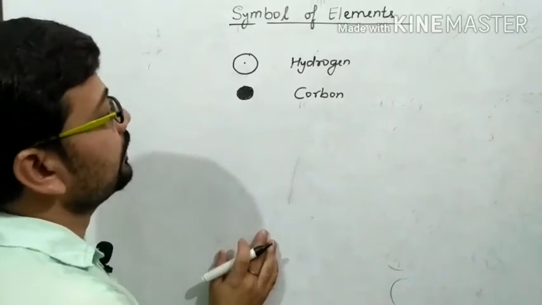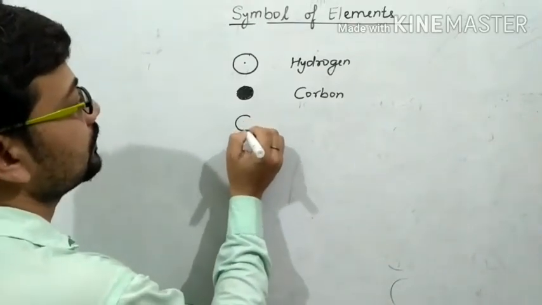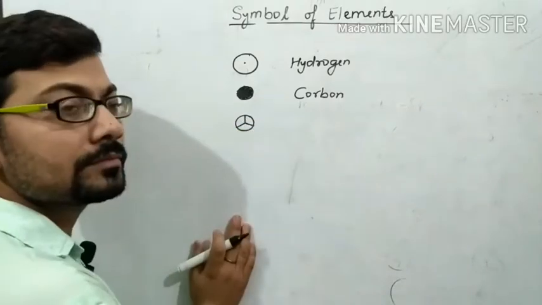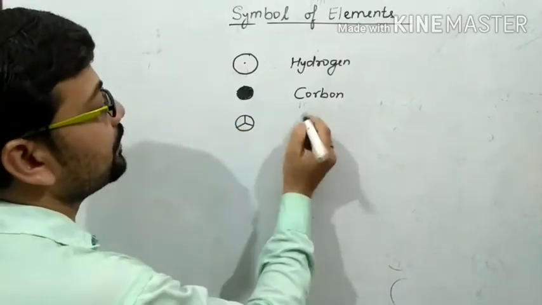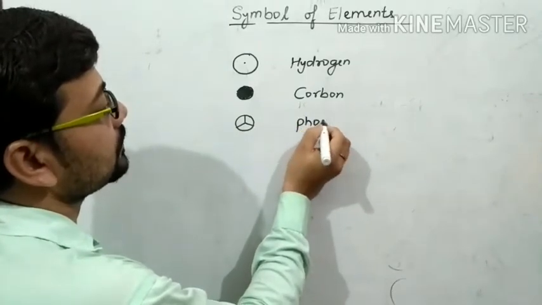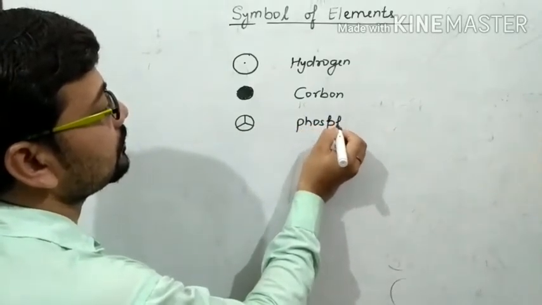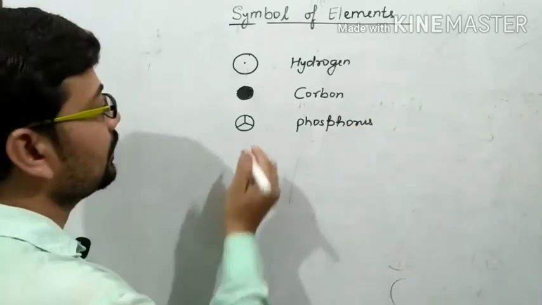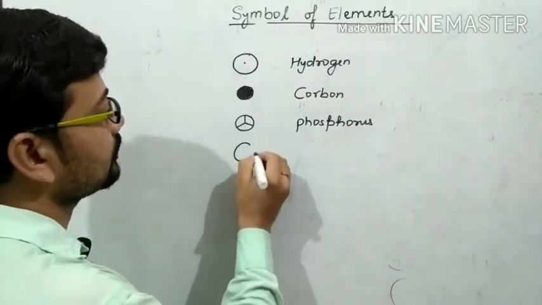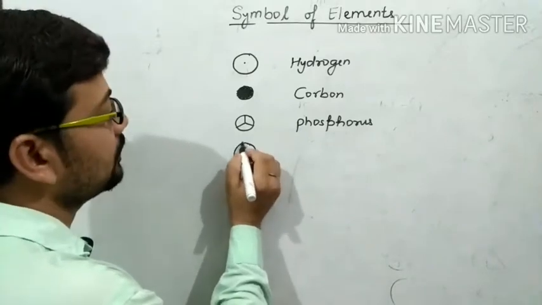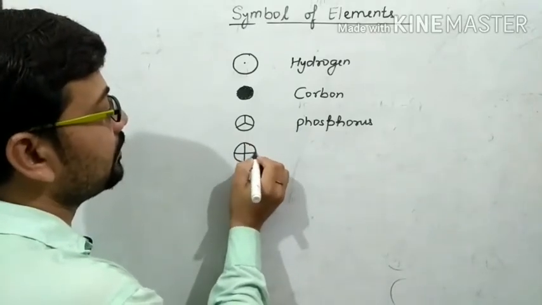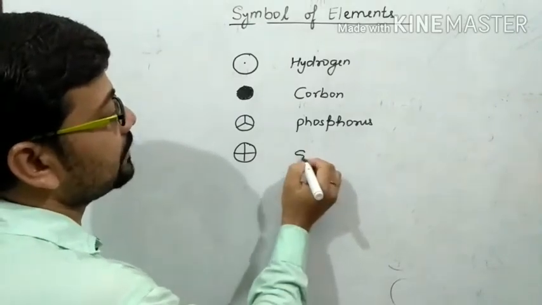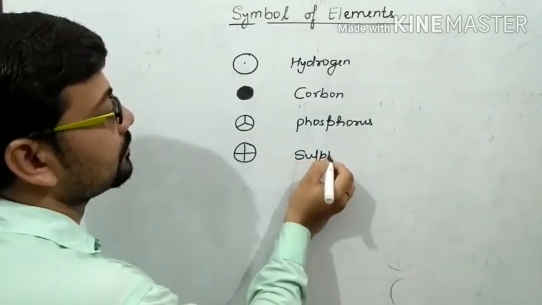If it is a circle and a triangle, this represents phosphorus. If a circle is marked with a plus symbol, this indicates sulfur.